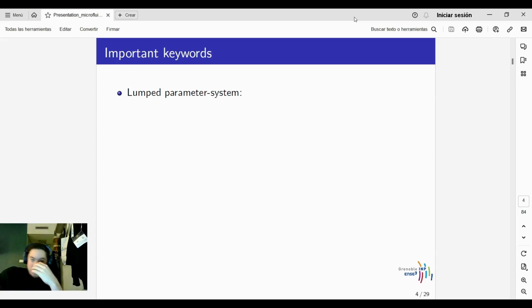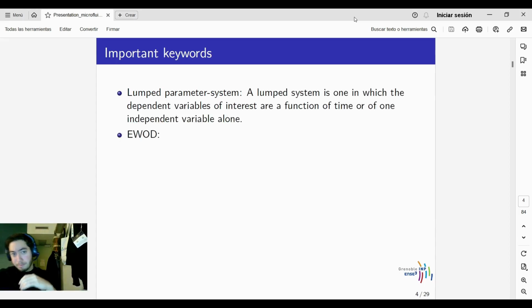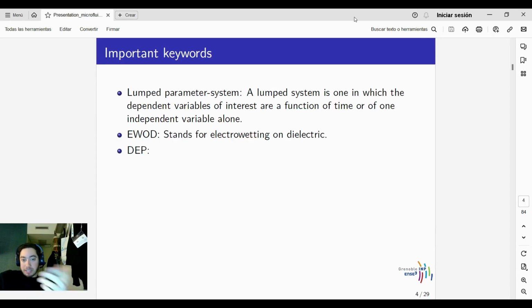The first one mentioned in the article is the lumped parameter. It is basically a system in which the dependent variable that we are studying is a function of only one single variable, whether time or space, but not both at the same time.